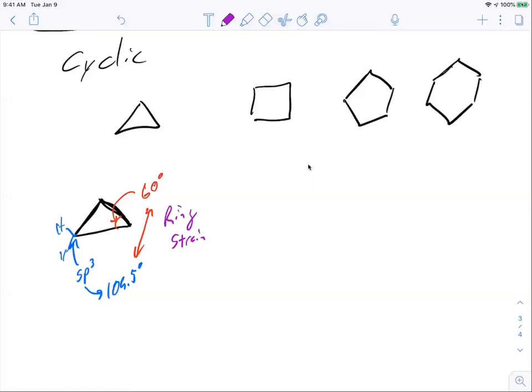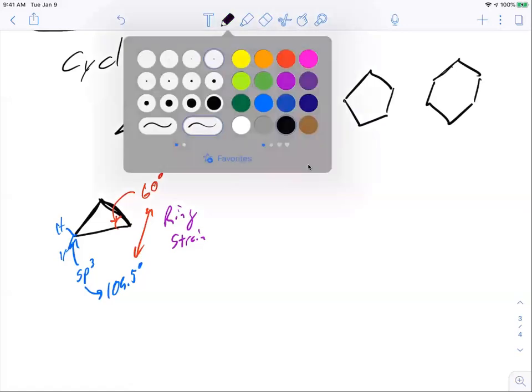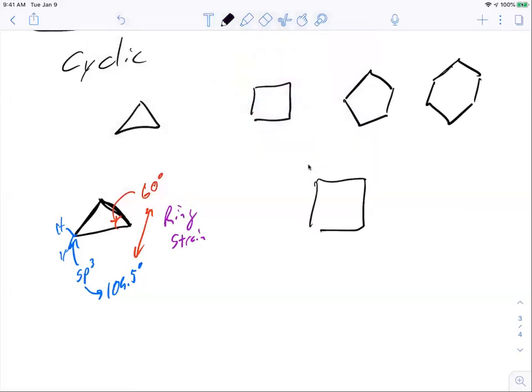Can't do anything. When we look at 4 carbons, again, we have no double bonds. This is an sp3 that wants to be 109.5 degrees, right? But this is a 4, right? It's a square. So this is going to be 90 degrees.